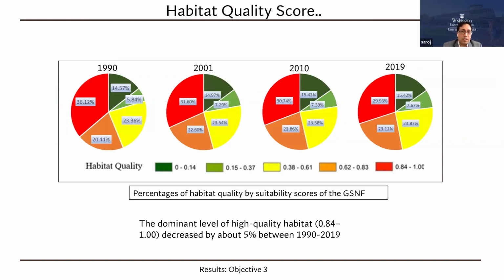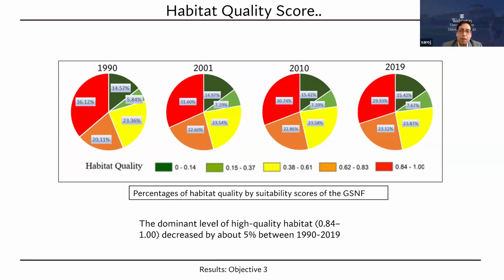I also categorized habitat quality from very high quality to low quality. The interesting part is the deciduous forest is slightly increasing, but the highest quality habitat, which is deciduous forest and other forest types, decreased from 1990 to 2019 by nearly 5%.